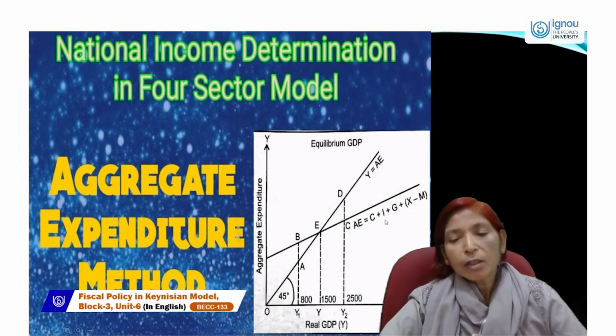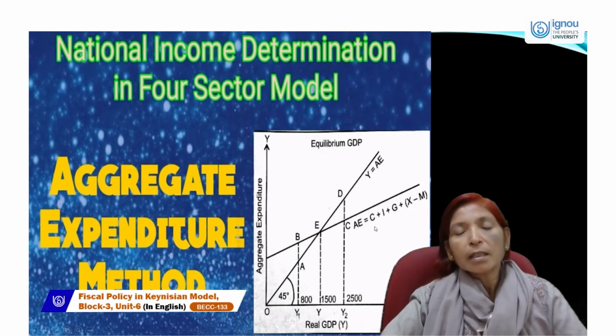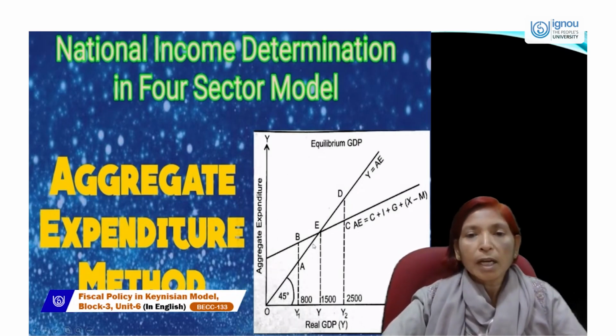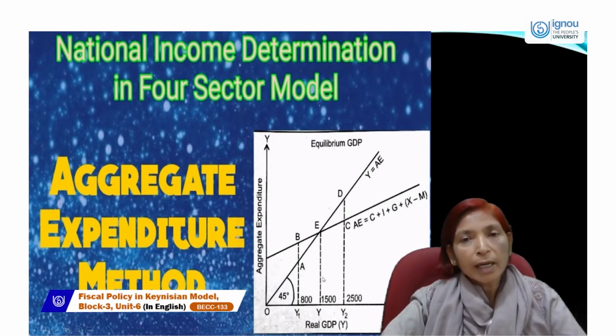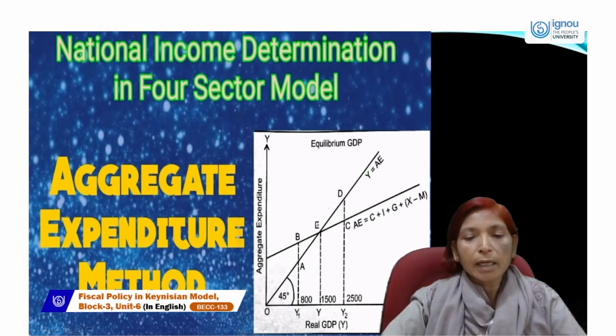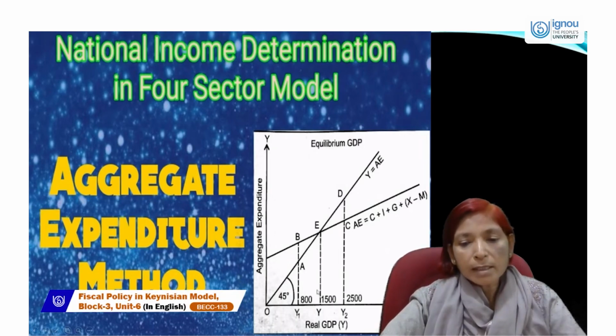In a four-sector economy, we can determine national income with the help of these two curves. One is the 45-degree line and the other is the aggregate demand line. Where both curves intersect each other, the equilibrium point is determined, and if we join this point to the x-axis, then national income OY will be determined.